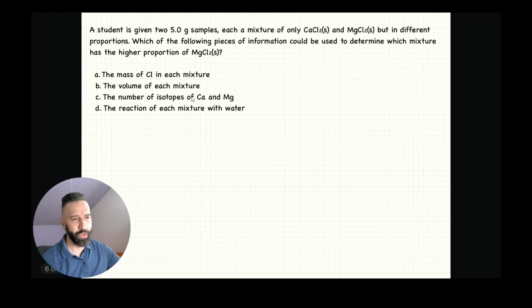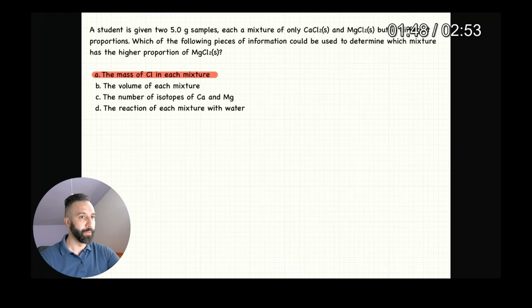Number of isotopes of Ca and Mg has nothing to do with this. Reaction of each mixture with water. Again, you can see this has nothing to do with reactions with water. So for sure, this is A. This is the only piece of information which is useful, even though that piece of information alone will not help you solve the problem. Yeah, so it's A.